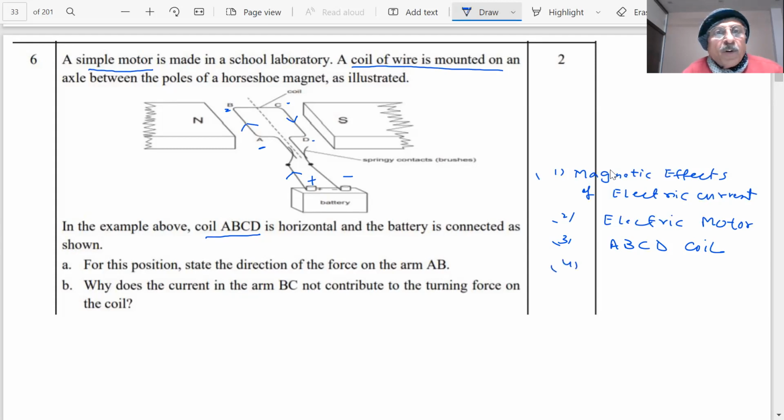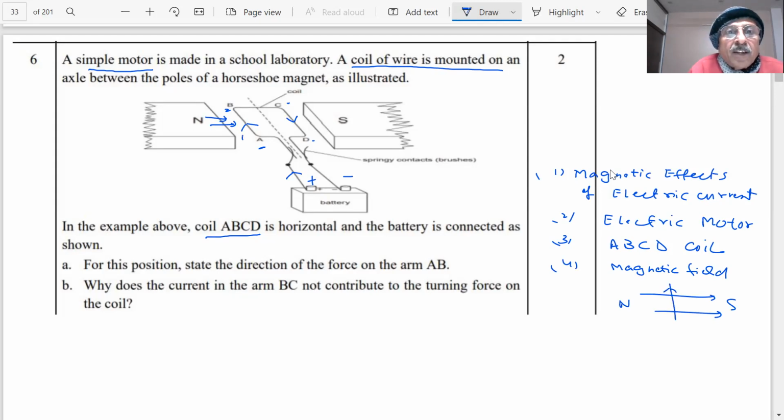Fourth thing, we know there is a magnetic field, student, which is the direction of the magnetic field. You can see this is going from north to south. And this is the current direction.